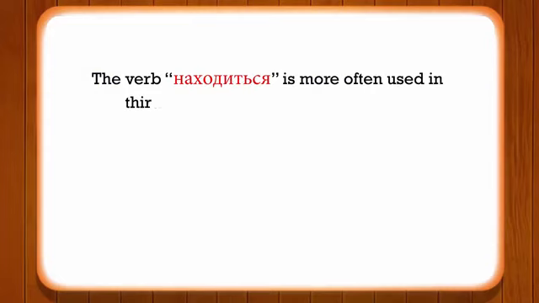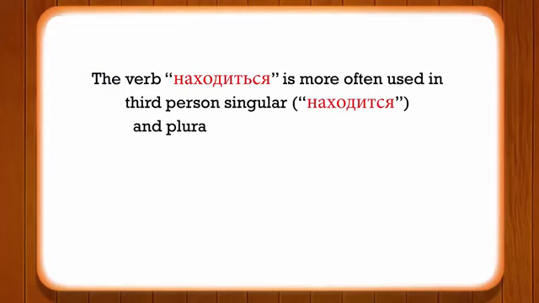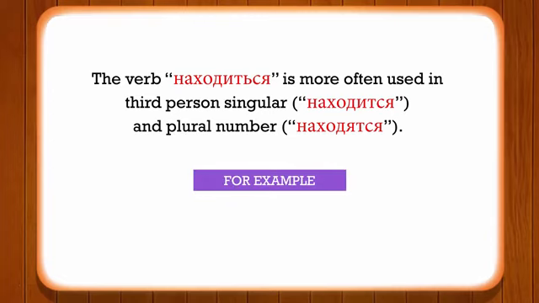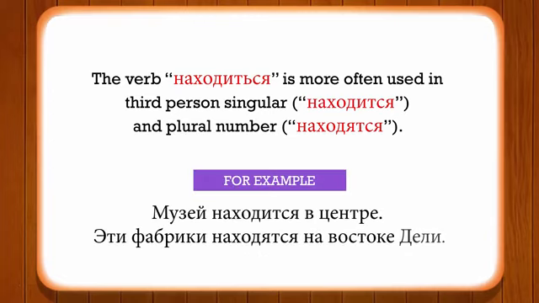The verb находится is more often used in the third person singular находится and plural находятся. For example, музей находится в центре. Эти фабрики находятся на востоке Дели. So here in these two cases we have seen that находится and находятся have been used as per the context of the sentence, in singular as well as in plural.